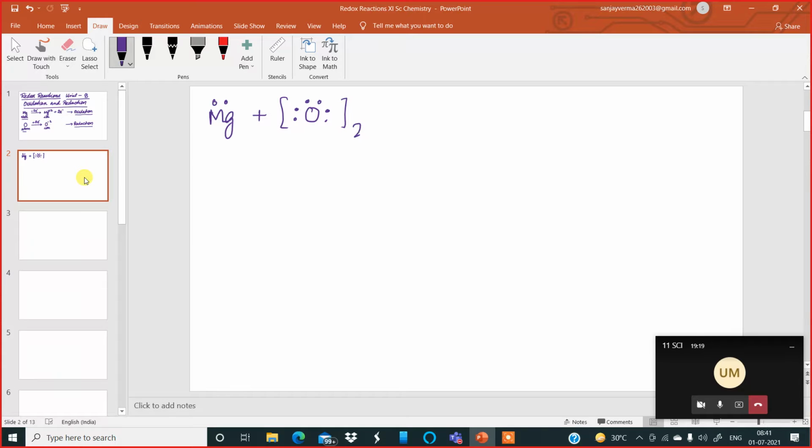So magnesium plus oxygen will give me magnesium oxide, with 8 electrons around oxygen. Or this can be written as 2 Mg plus 2 O minus 2.